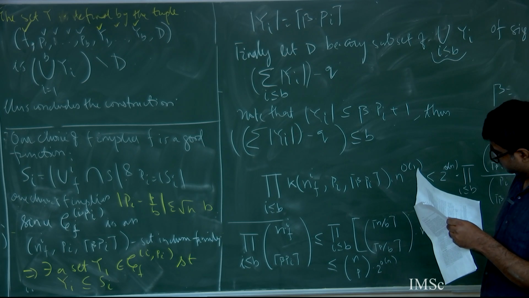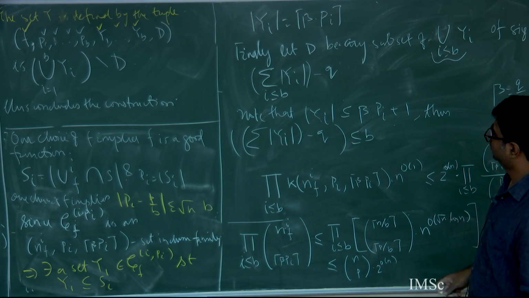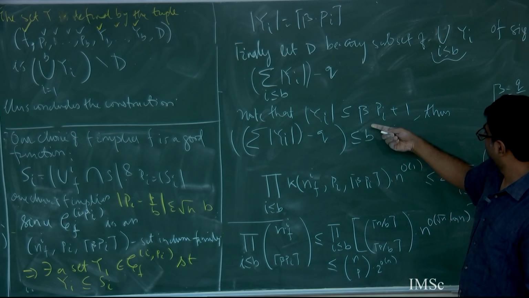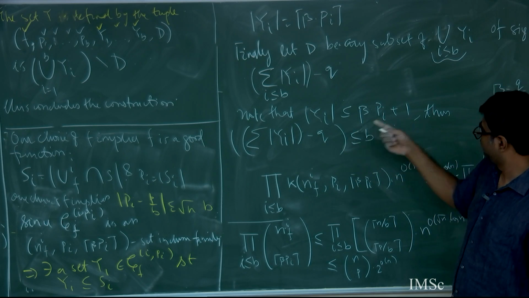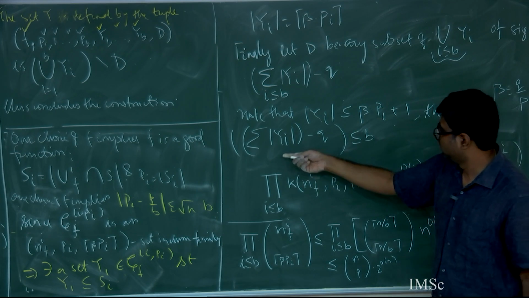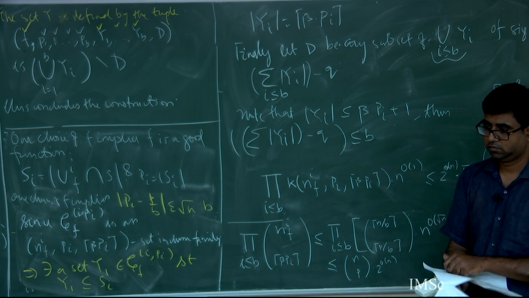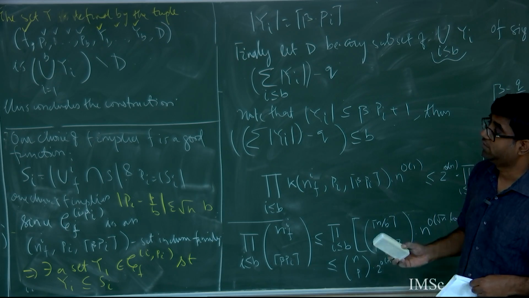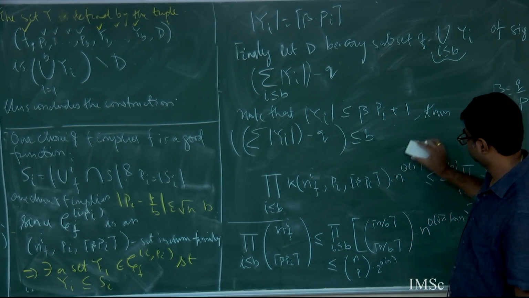So if you do this, the pi will sum to p and that will get cancelled. So it is p plus 1 log n times. So this minus this is upper bounded by b, and I have enumerated all sets D of size at most b. So in particular, I have enumerated this also.